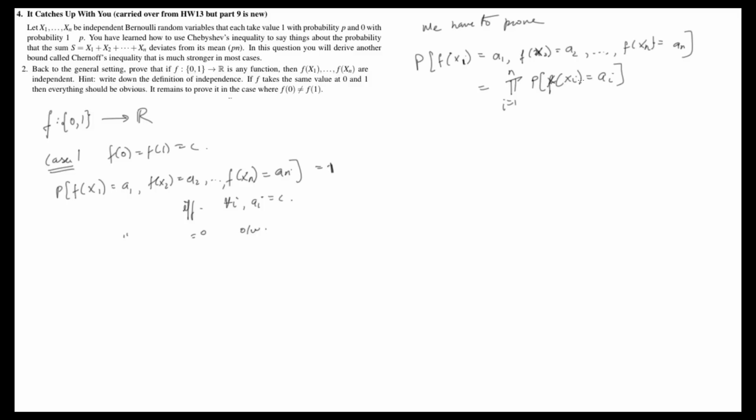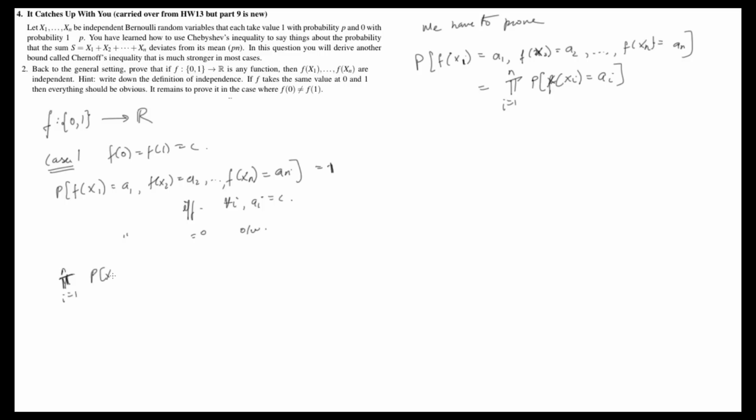But what is the right hand side in the thing on top here? It's just the product of each and every individual probability that f of xi is equal to some ai. And if any of those ai's are not equal to c, that particular term in the product of all the terms is going to be 0 again, right?